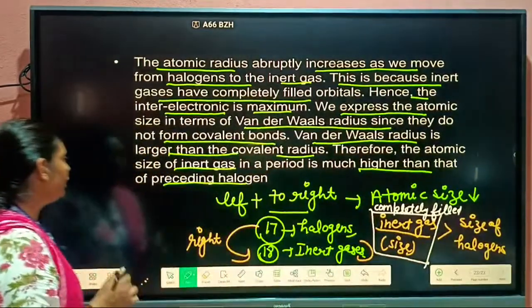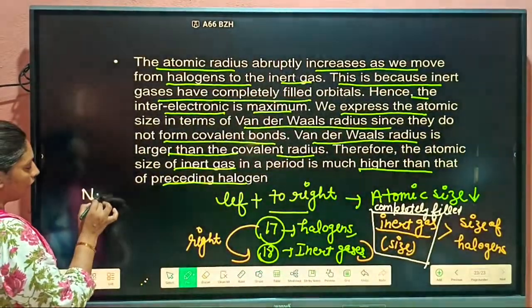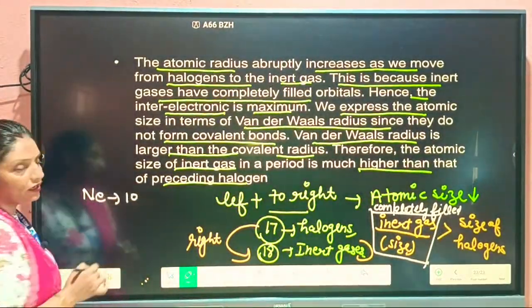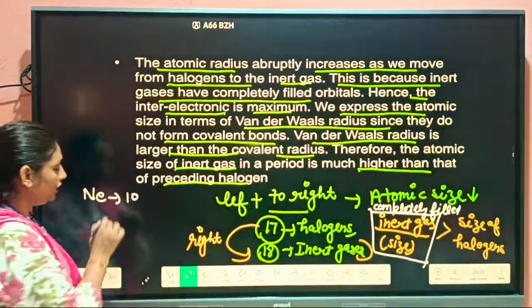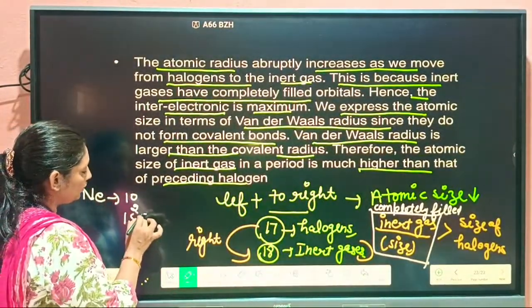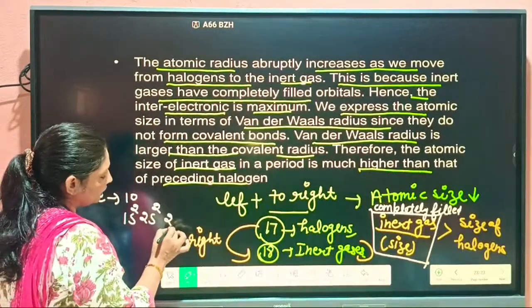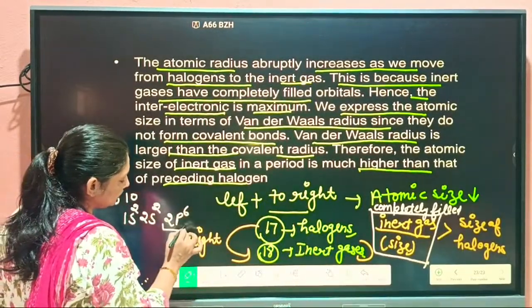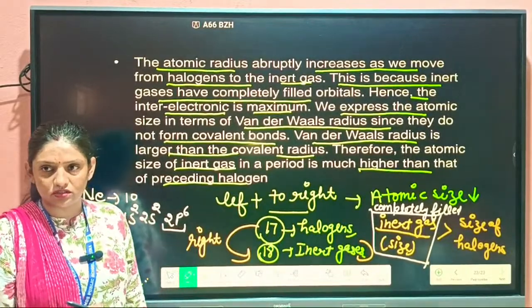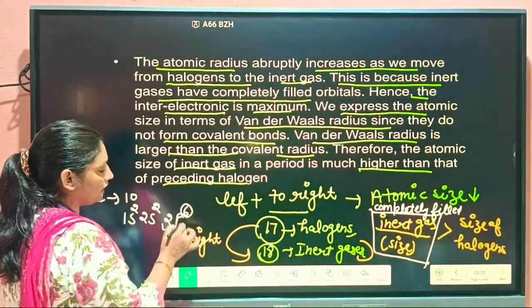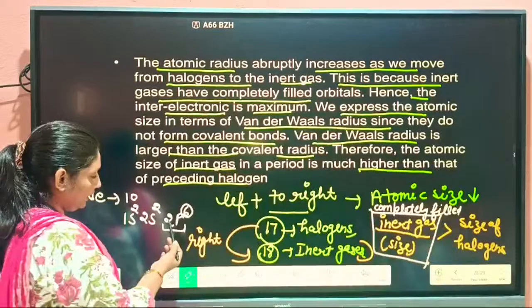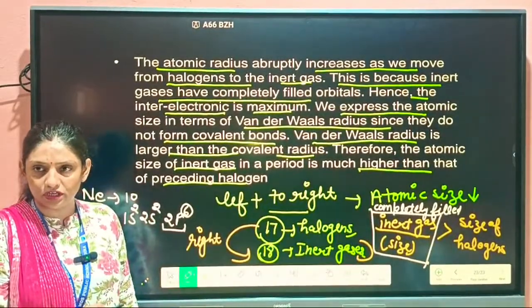For example, if I talk about neon, neon has atomic number 10. So here 1s2, 2s2, 2p6. P orbitals can fill a maximum of 6 electrons, and already 6 electrons are here. So it has completely filled p orbitals.